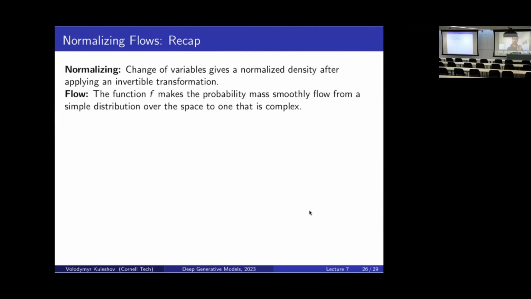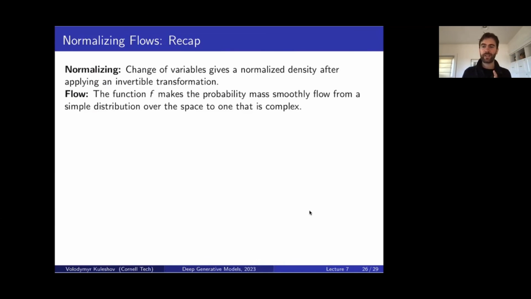Although I have to add a caveat. In the Rezende and Mohamed paper, they didn't use that normalizing flow model directly to generate images, but they combined it with a VAE type of model. So they used it to parameterize the prior of a VAE and learn the prior.